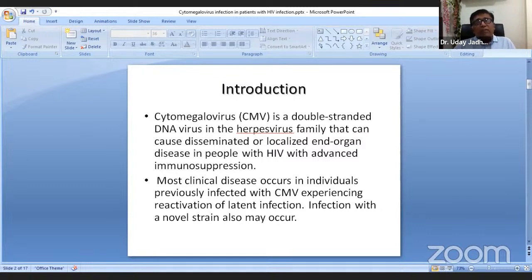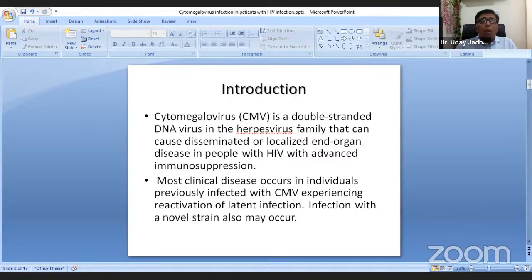When we start antiretroviral therapy, there can be worsening, with active retinitis and CMV infection. So we have to monitor the response to therapy and also the adverse events, including IRIS.